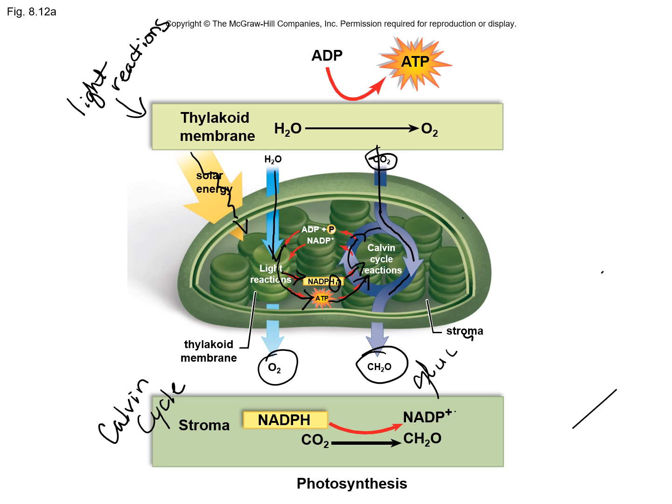We don't have the complete molecule at this stage, but we will end up with glucose. That's what this is showing. This is happening in the stroma. The light reaction is happening in the thylakoid membranes.